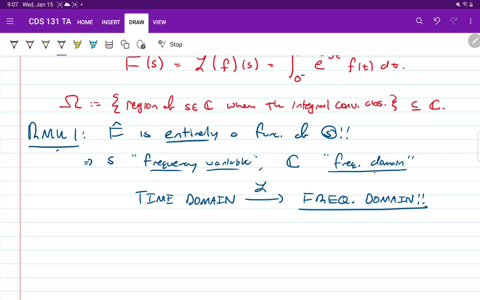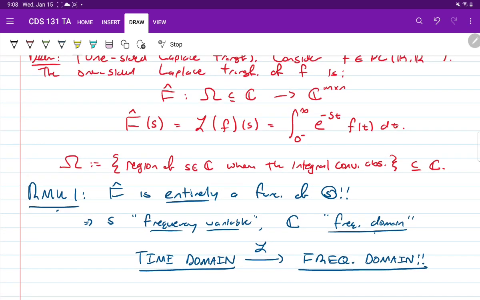And just to provide some very basic high-level motivation for why s is called a frequency variable, if we look at this formula over here where we have e to the minus st, this is a complex exponential. If you compute this complex exponent, it's actually defined in terms of sines and cosines, and you could show that the frequency of those sines and cosines depends on this value s. So that gives you a very basic idea of why s is associated with frequency.